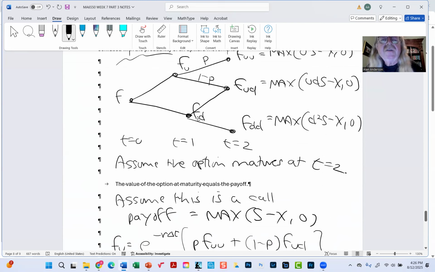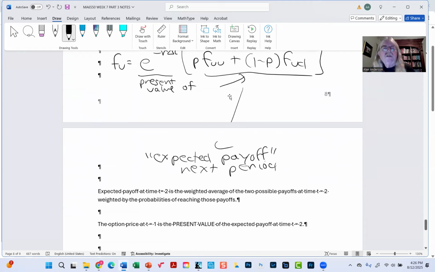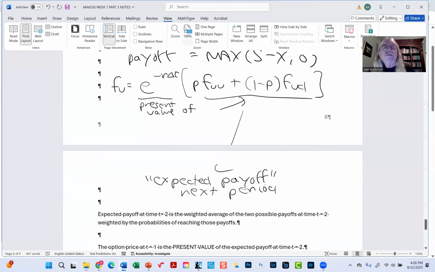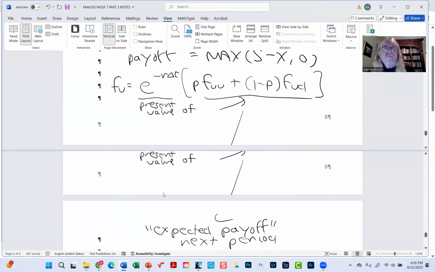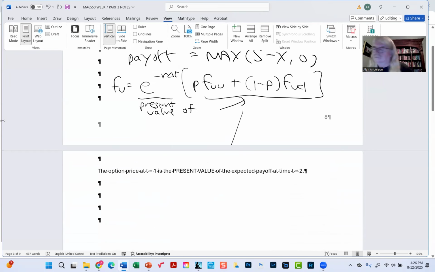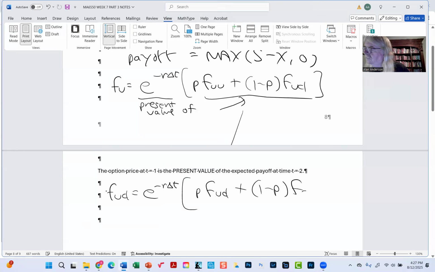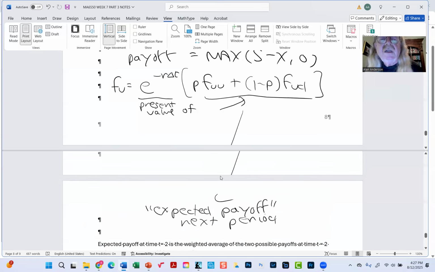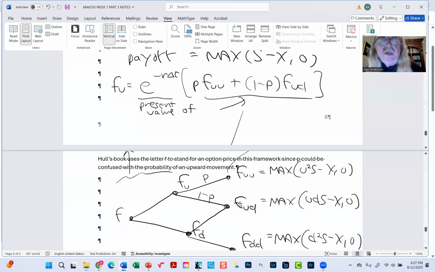It means F_D. If you notice that F_D, we can only reach F_UD and F_DD. Therefore, let's see what we can do there. So you can see it all at once. You notice what's different is that the nodes that we can reach next period are, if we're already at F_D, we can only go up to F_UD or down to F_DD.